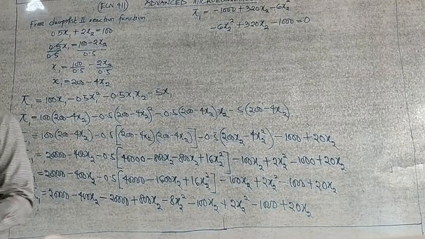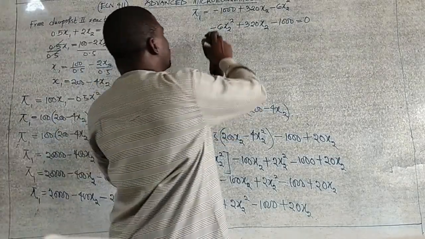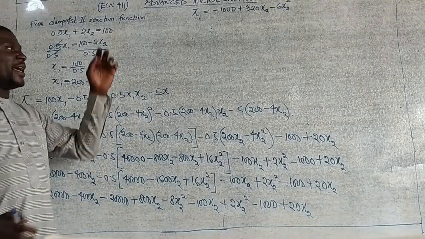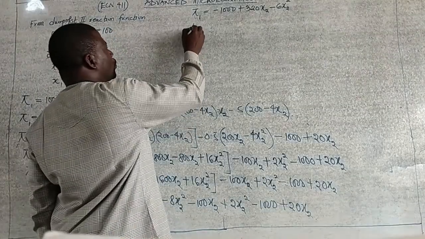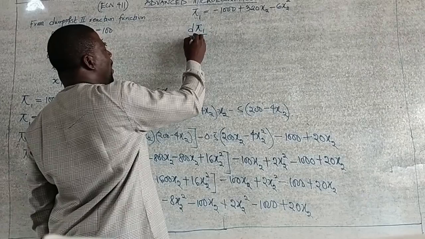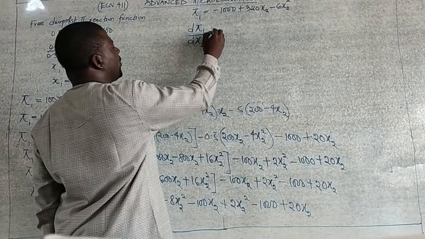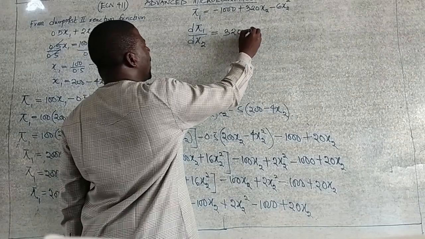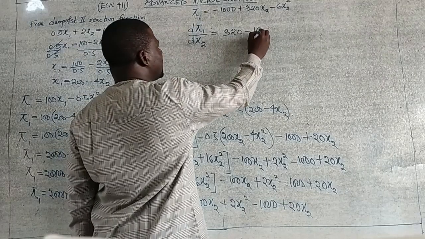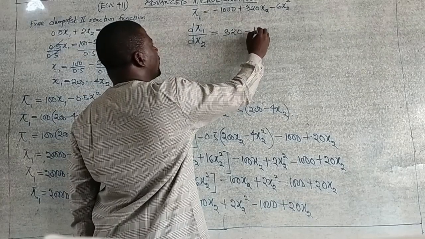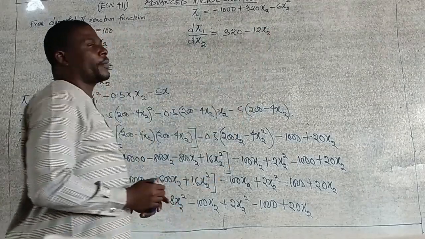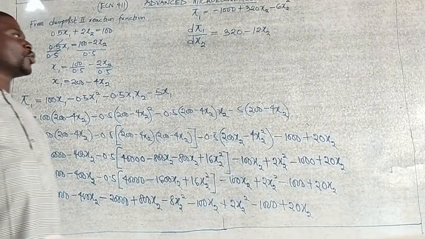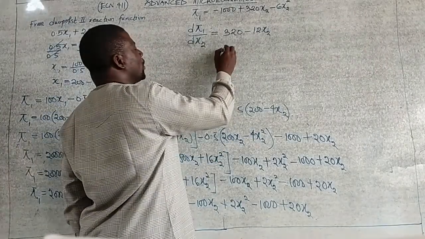Let's differentiate with respect to x2 and equate to 0. That's another shorter way. So differentiate profit 1 with respect to x2. What will it give me? 320 minus 12 x2. Do you agree? Yes. Do you agree, guys?